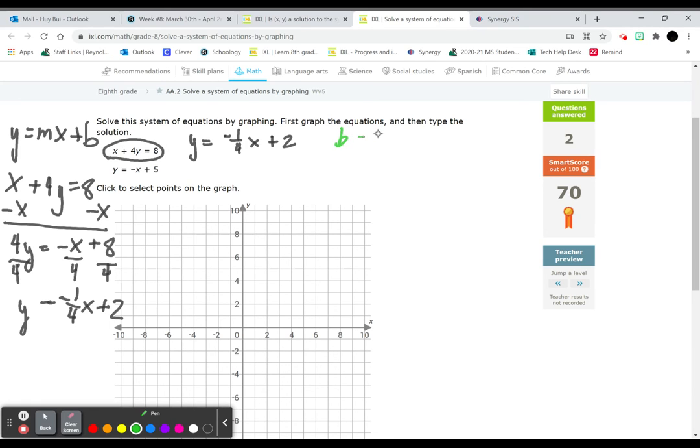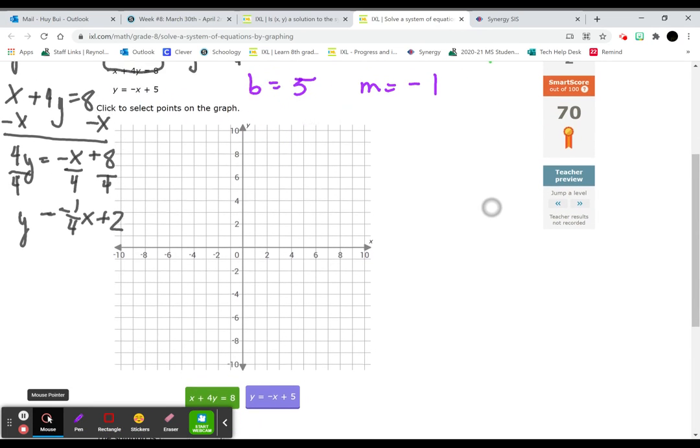So b equals +2, m equals -1/4. Cool. Second line, b equals +5, and then m equals -1, because it's a negative x. All right, let's go ahead and graph those two lines.